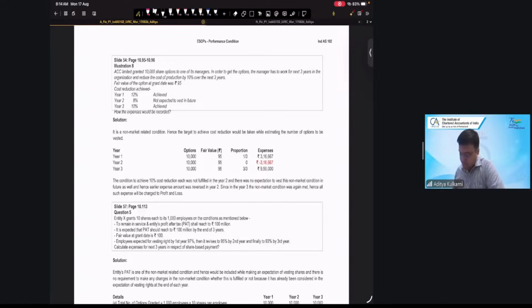So it is a non-market related condition. That means we have to estimate. So I have options 10,000 and fair value is 95.